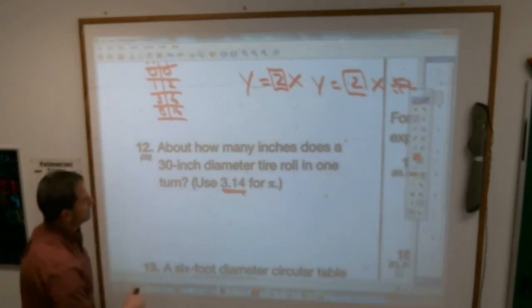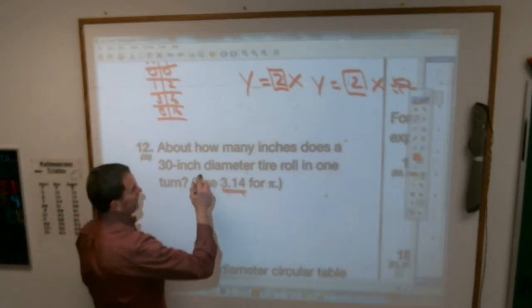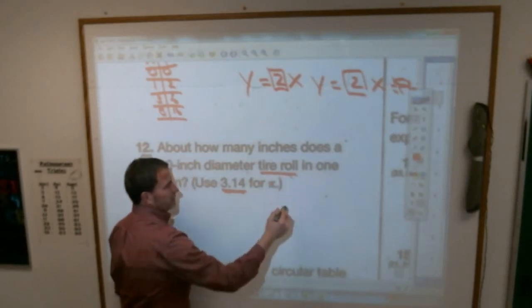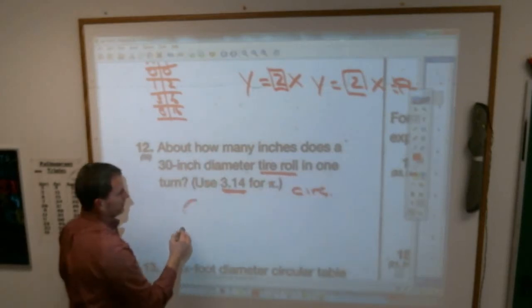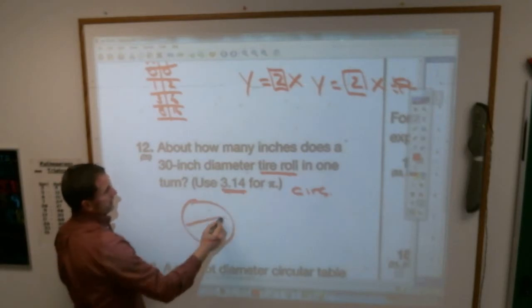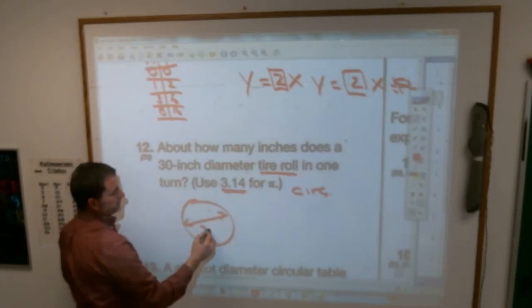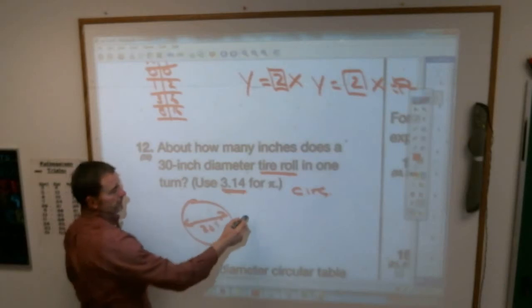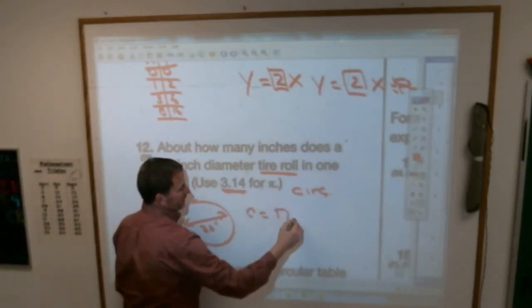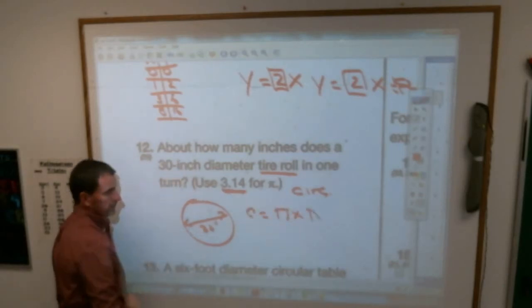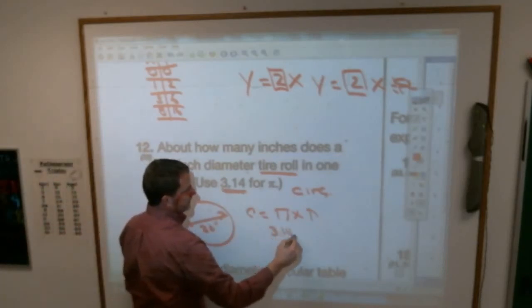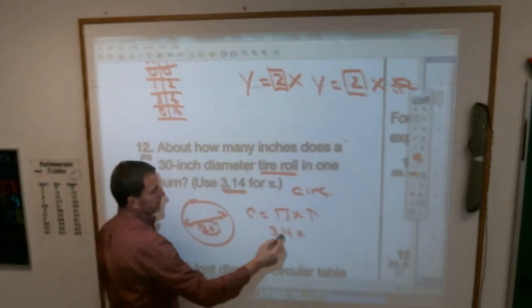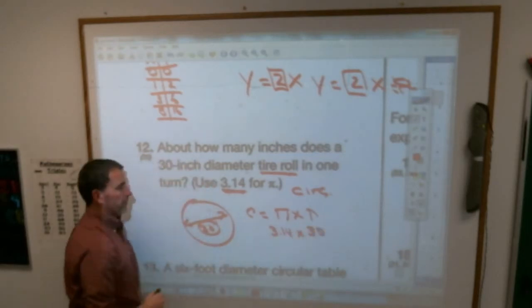Do you want me to do that one? If you're looking for how far a tire rolls, that is always circumference. So you are just going to take the 30-inch diameter wheel and find its circumference, which is pi times diameter. And we know that we have to use 3.14 for pi, and we know the diameter was given to us as 30. So you have to do the 3.14 times 30.